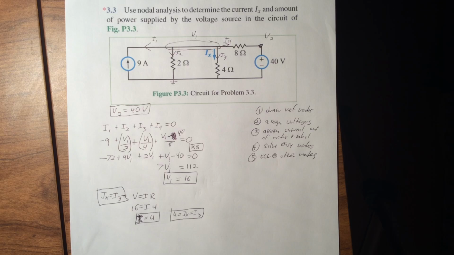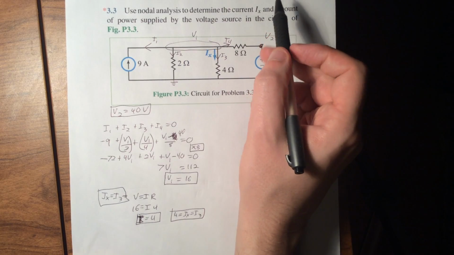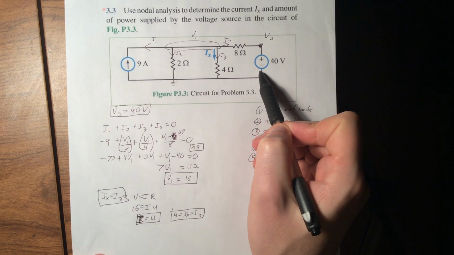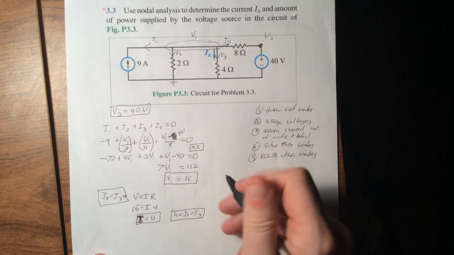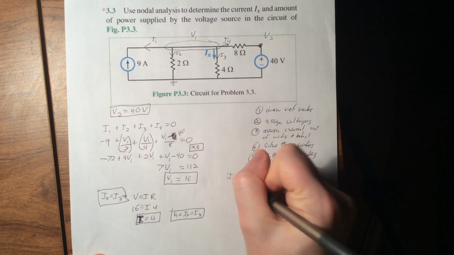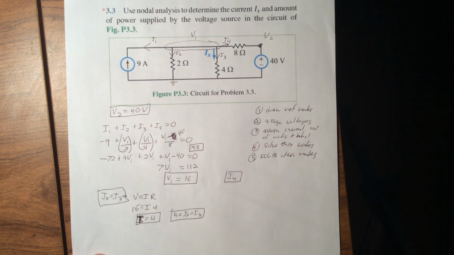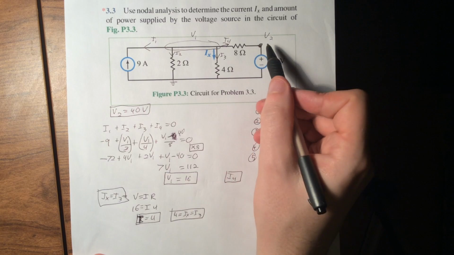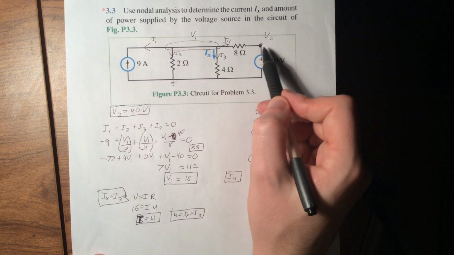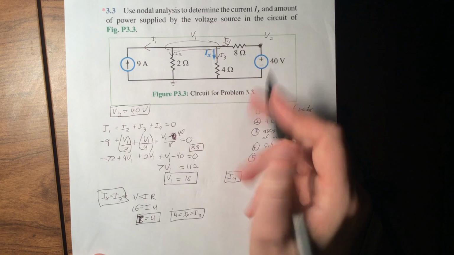Cool. Do we have anything else we have to solve for this one? Oh, yeah. The power supplied by the voltage source. First you're going to need to find the current to be able to find the power. P equals IV. We're missing the I. We have the V. So for I4, we can do V equals IR there again. So what do we got for I4? We know it's this piece minus this one over 8.